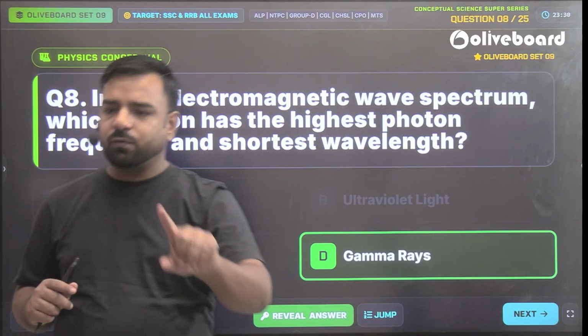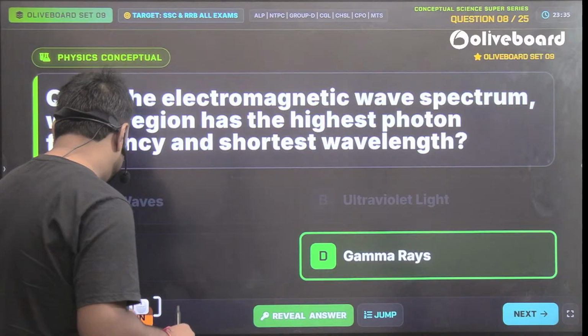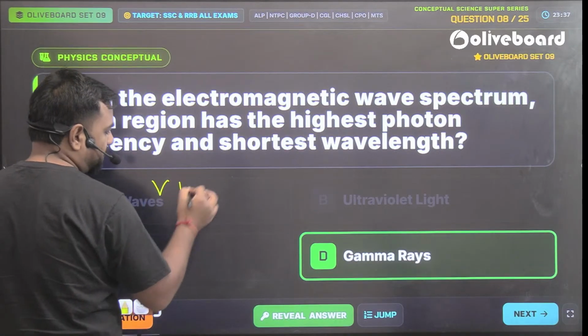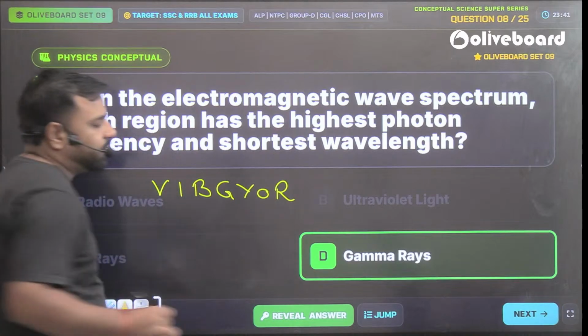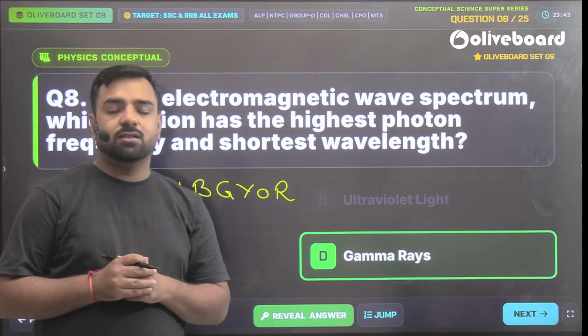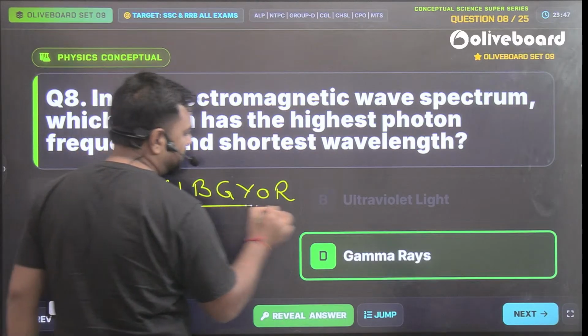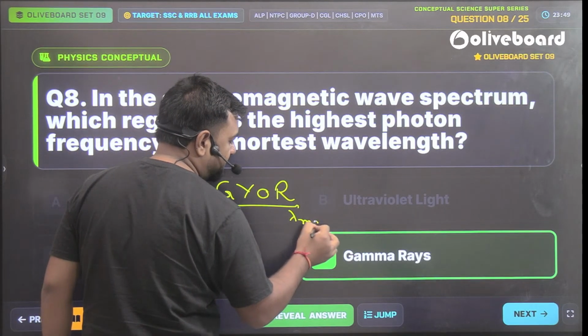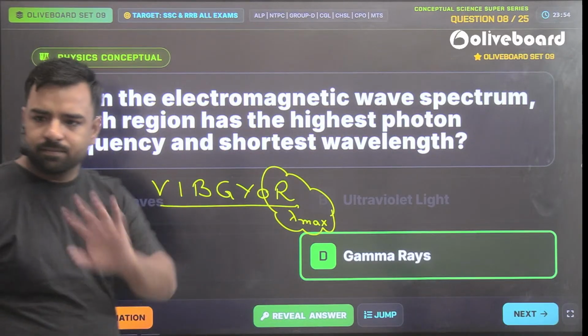For understanding this trick, tell me one thing. If I write VIBGYOR, just tell me the color which has the highest wavelength. You will say, sir, it's the red color which has the highest wavelength, correct?